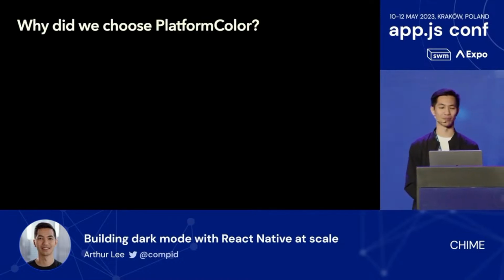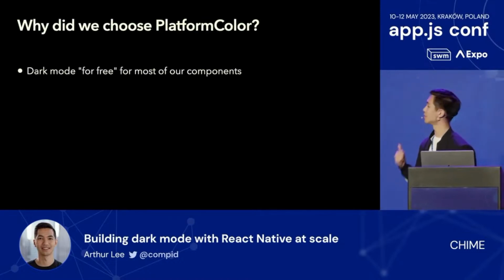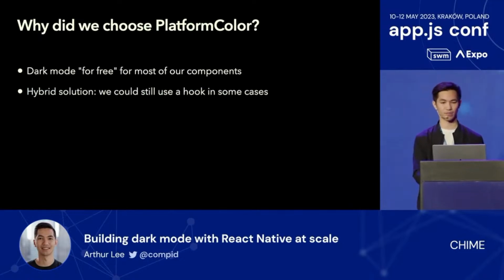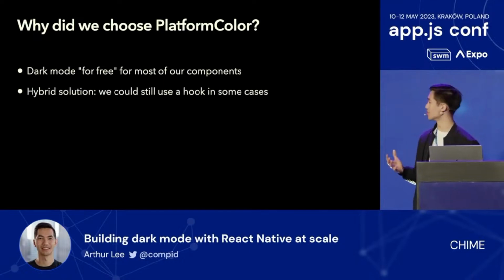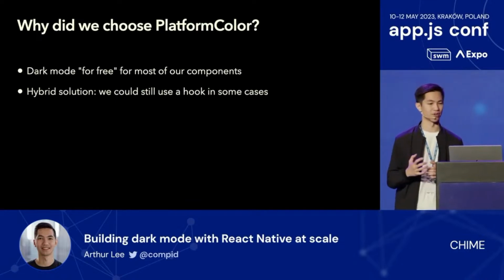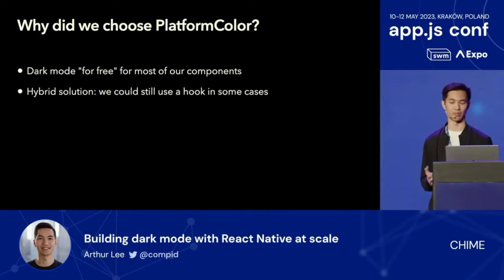So why did we choose platform color at Chime? We got dark mode pretty much for free for most of our components. It was a hybrid solution, so we were still able to fall back to the more traditional hooks-based approach for the components that didn't work with platform color.